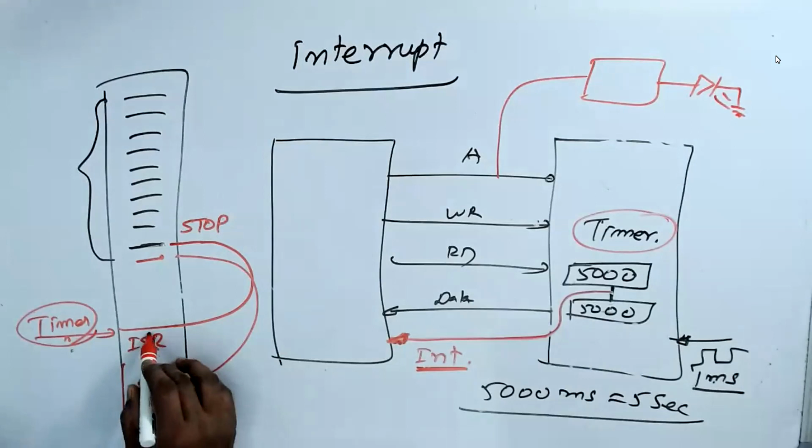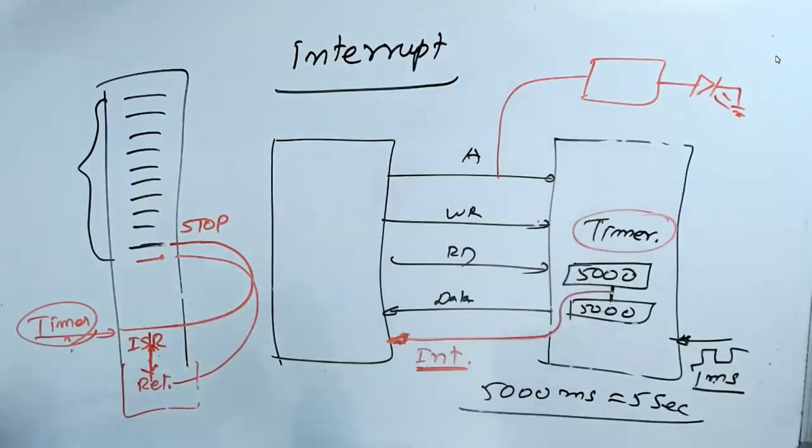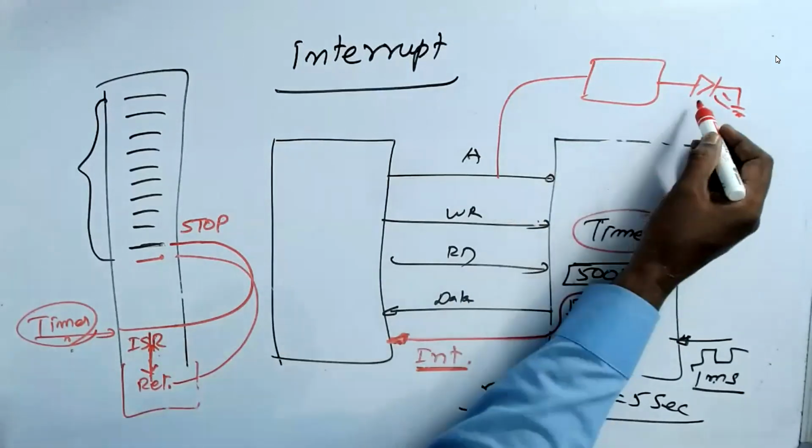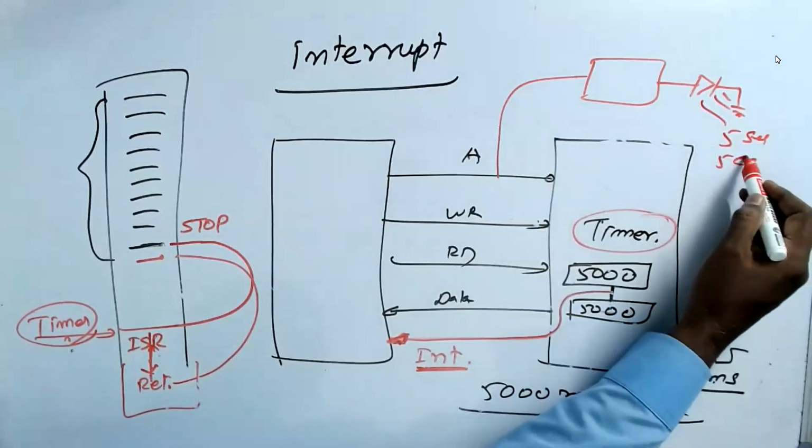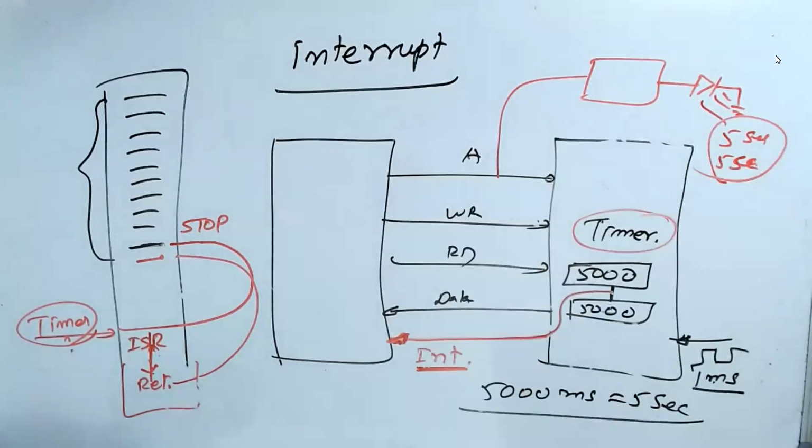Using this ISR routine, I can toggle the LED. So it will blink every 5 seconds on, 5 seconds off. I can toggle it. You should know how to toggle it. That is using an XOR function. So if you use an XOR function, it will toggle.